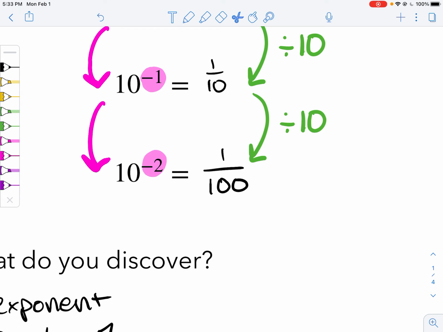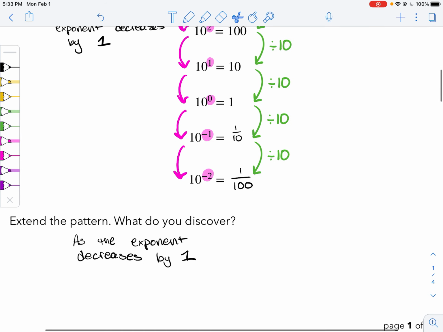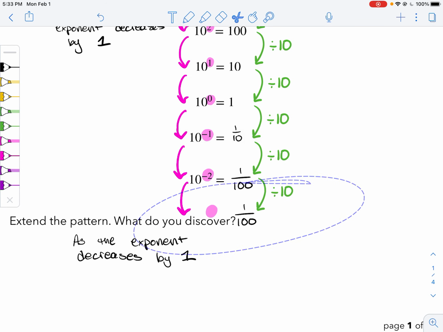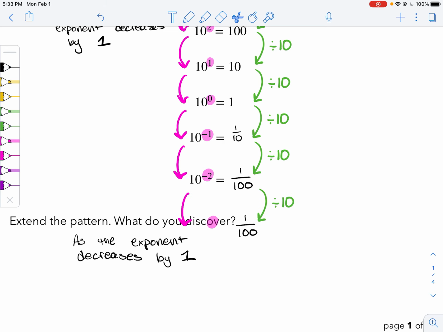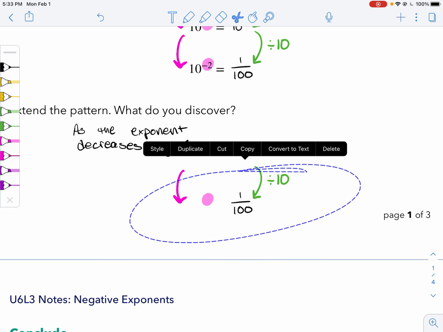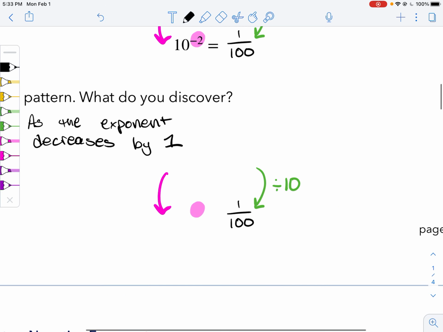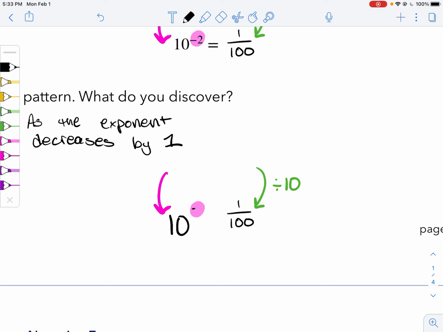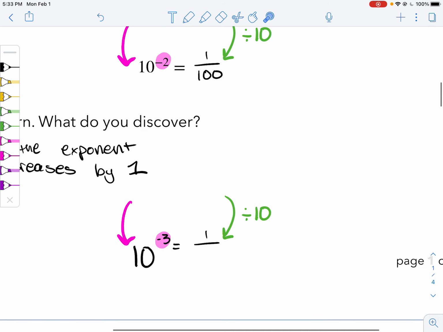And we can take this same rule and keep going to our next step. So 10 to the -3rd power, we can predict what that's going to be: 1/100th divided by 10 is 1/1000th.